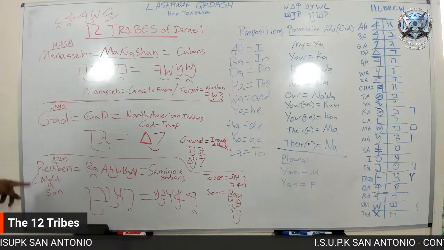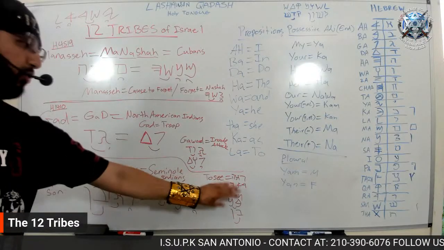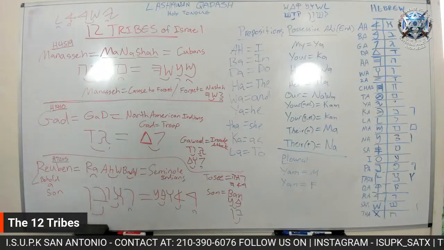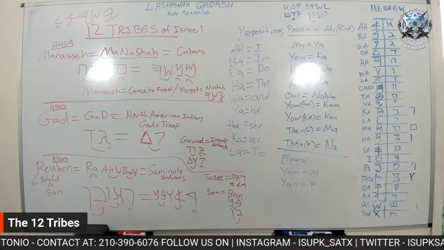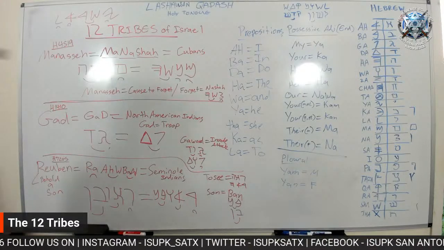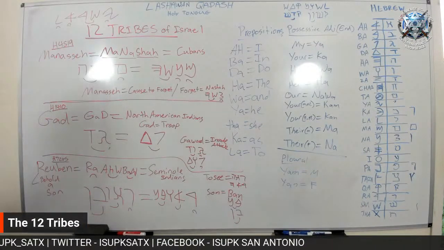So when I click on the definition of Reuben, it gives me this, and then it gives me the root words which let us piece together his name, just like how we did these other ones. All right. We have three more. And I hope this is kind of clicking with you guys.